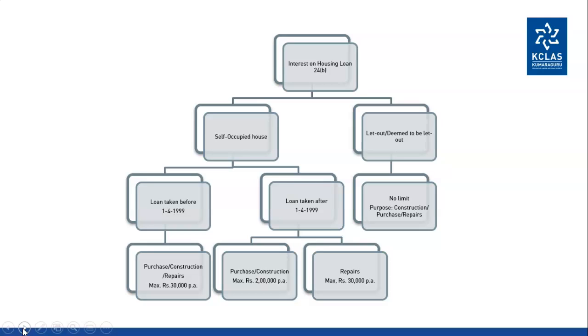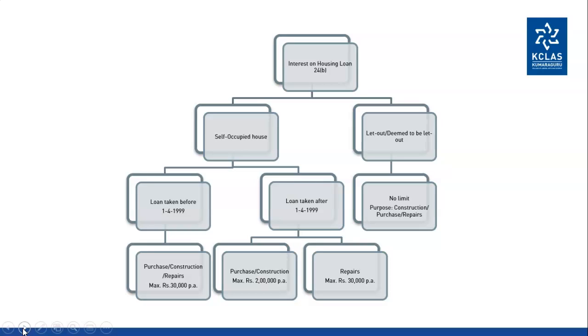When we look at self-occupied house, although the NAV, that is the net annual value, is taken as nil in respect of self-occupied house property, yet interest on loan taken for purchase, construction, repairs, renovation, etc. of two such house properties. Underline two such house properties. Earlier it was only one house, now it has been revised as two such house properties, and is still allowed as deduction.